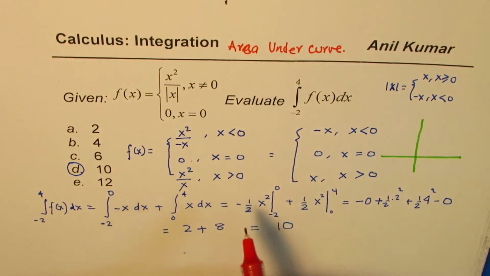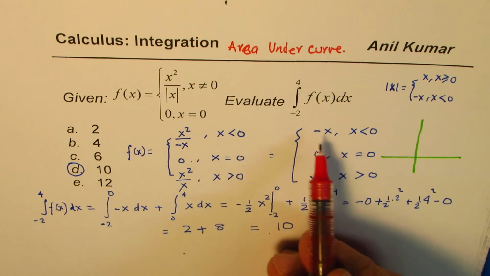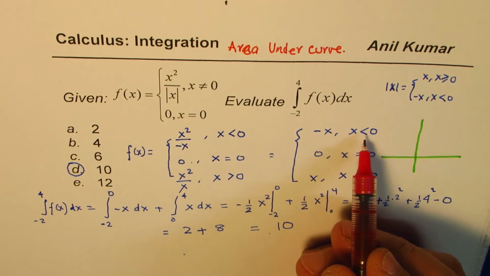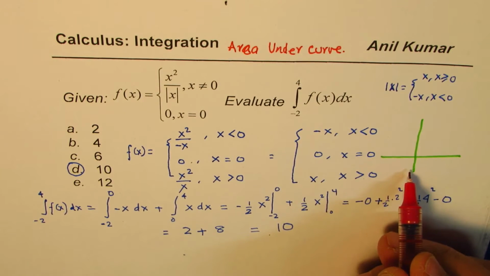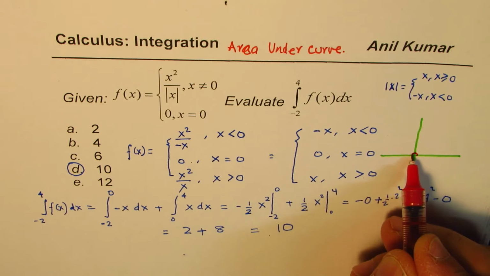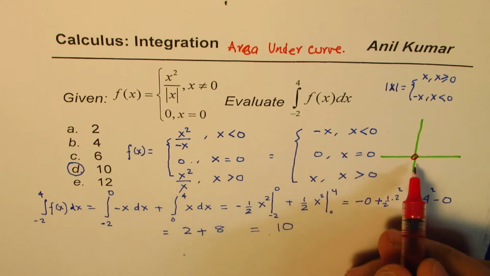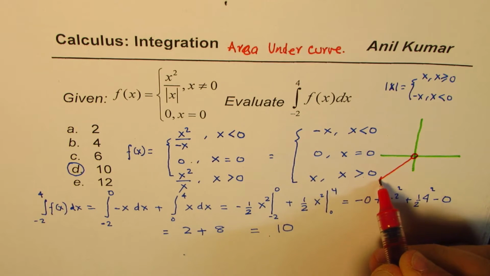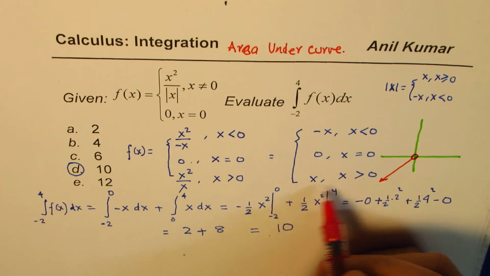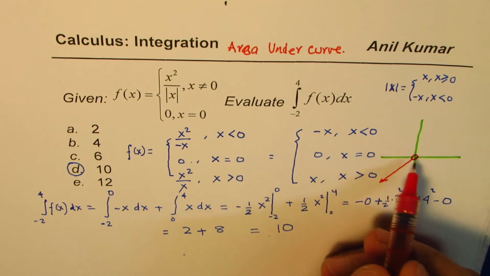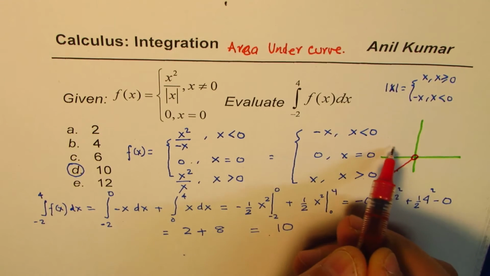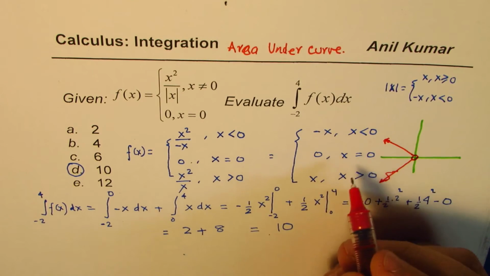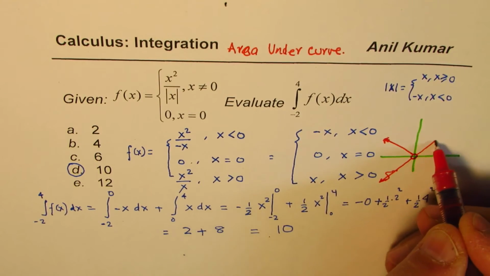From minus 2 to this. As you can see, the function here is minus x when x is less than 0. So let me make a hole here first, right? And this minus x means kind of like this here, and when it is greater than 0, it is kind of like this, right?